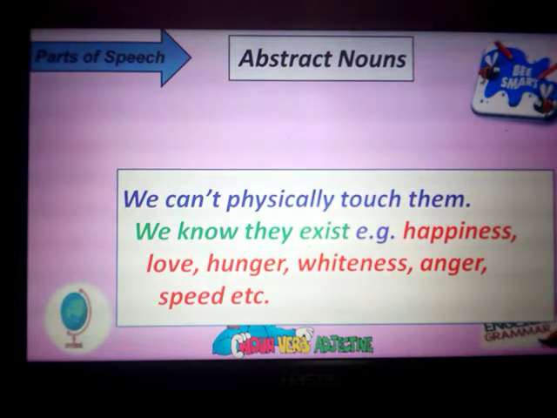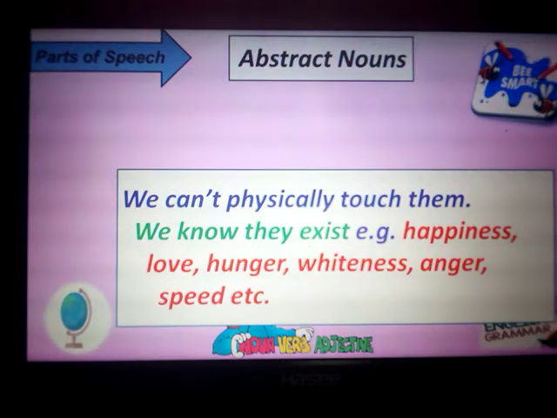We cannot touch them, right? They don't exist in the material world, but they are things that we can feel. When somebody is expressing happiness, you can feel it all around you. Love. When someone is showering love or showing love, you can actually see it.